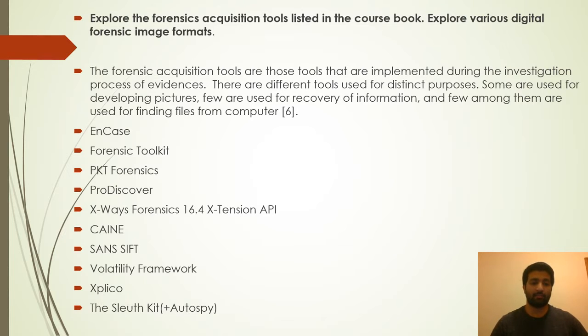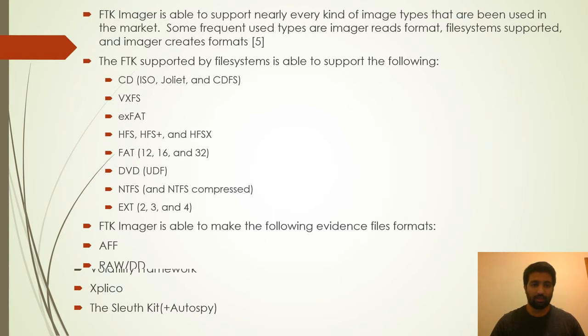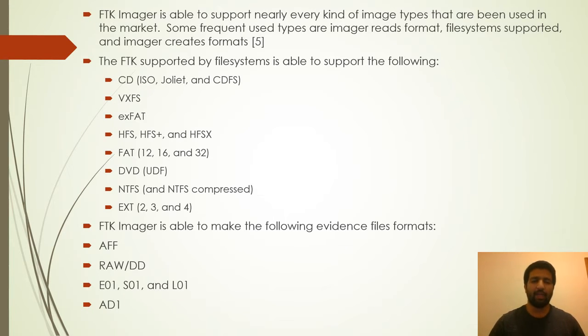Volatility framework. So next, FTK Imager is able to support nearly every kind of image type that is being used in the market. Some frequently used types are image read formats, file systems supported, and image creating formats.